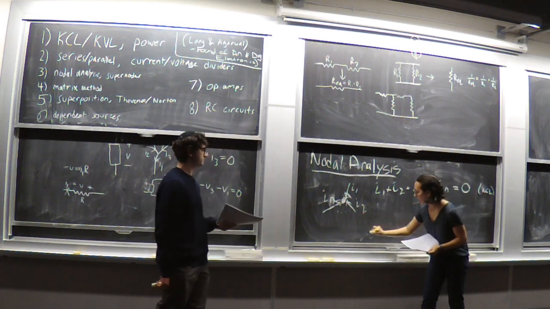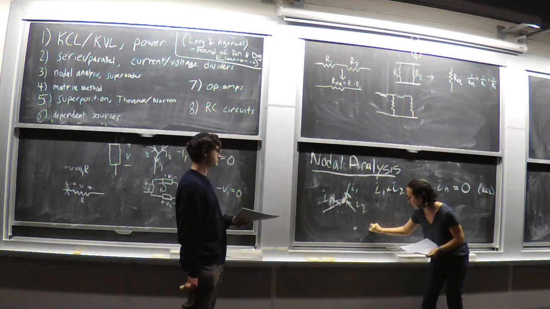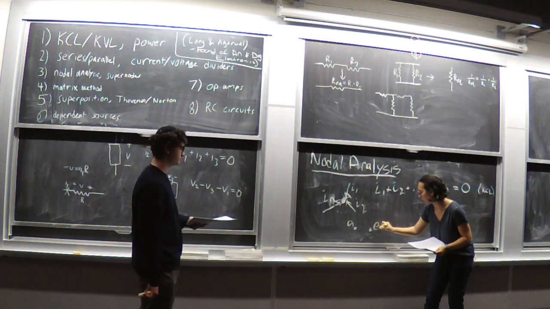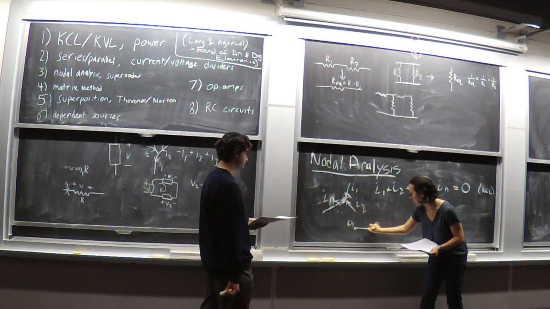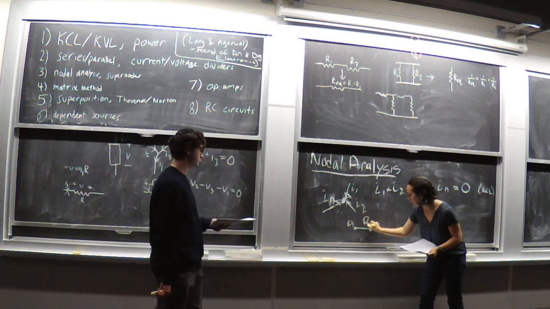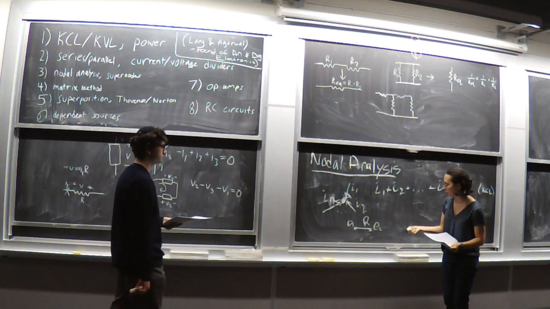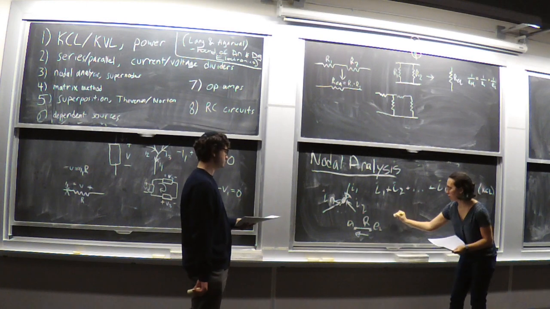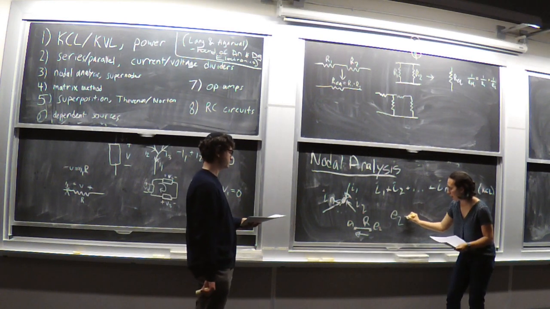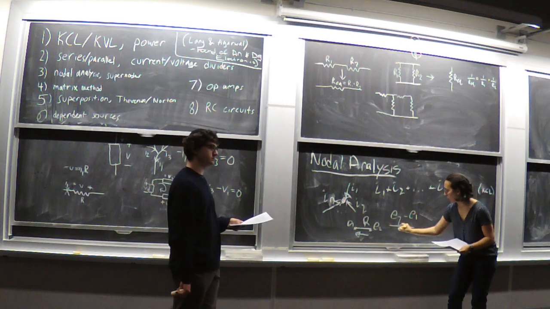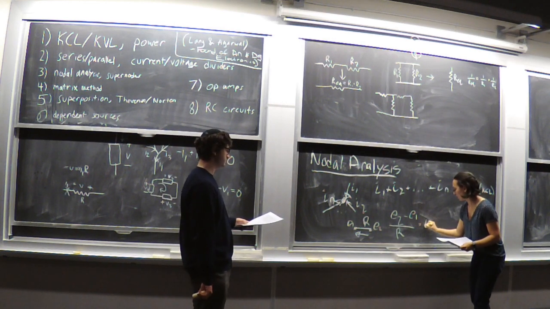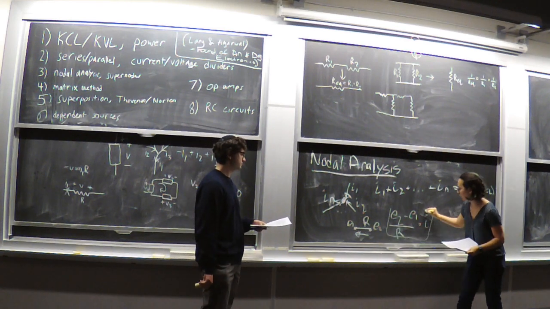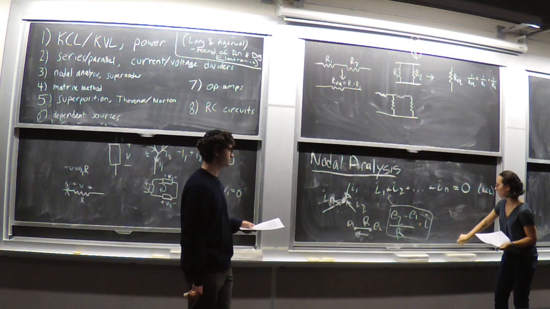So if we have two nodes, with some node voltage on one of them and some node voltage on the other, and we have some resistor between them, then we know the current flowing, let's say, from E2 into E1 is E2 minus E1 over R. Then we take this and plug it into our KCL equation.